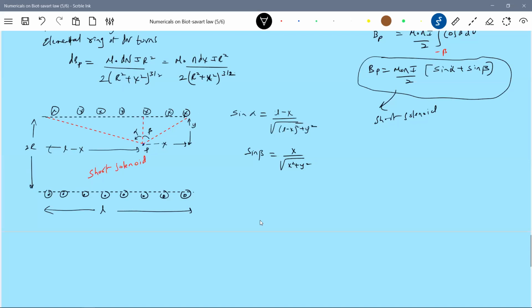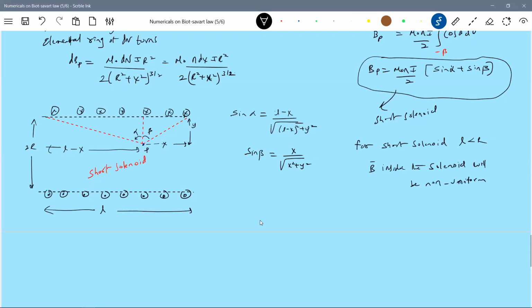For a short solenoid, the condition is L less than R. Then B bar inside the solenoid will be non-uniform. How to find it? We have a formula.